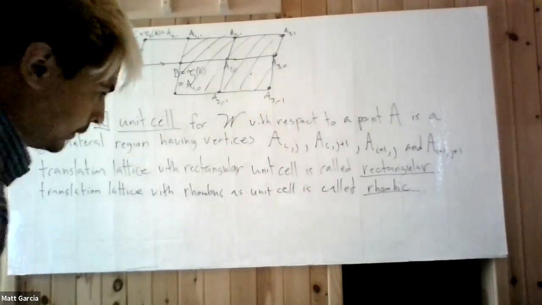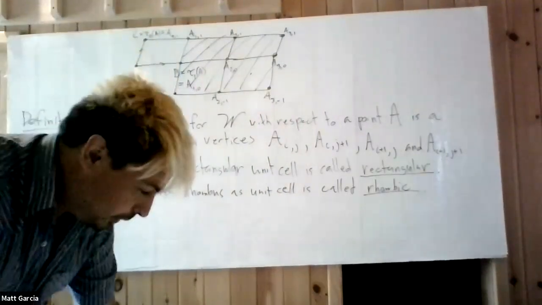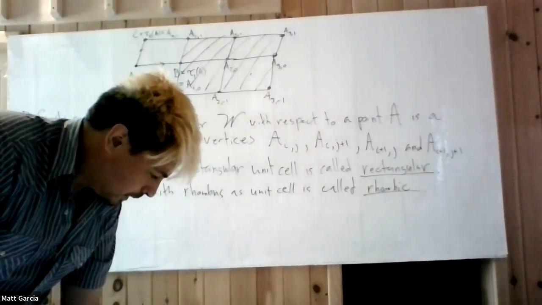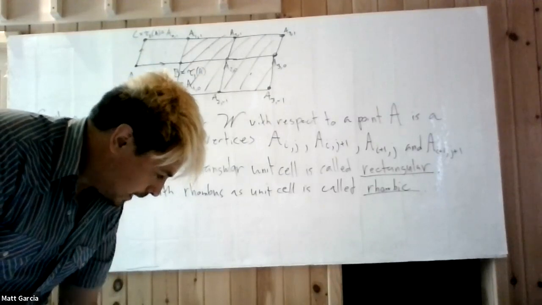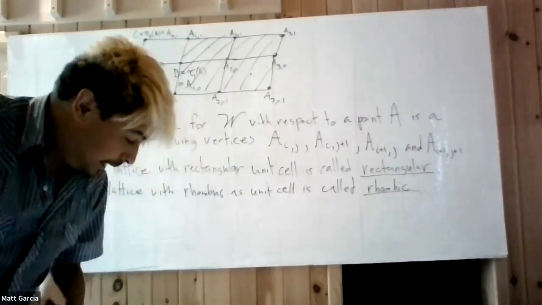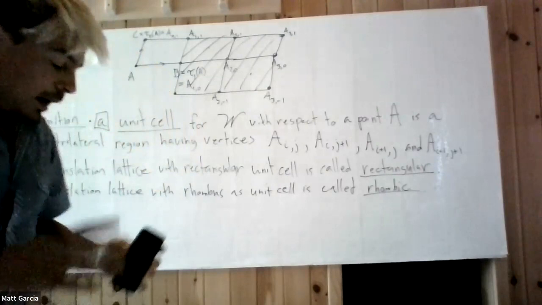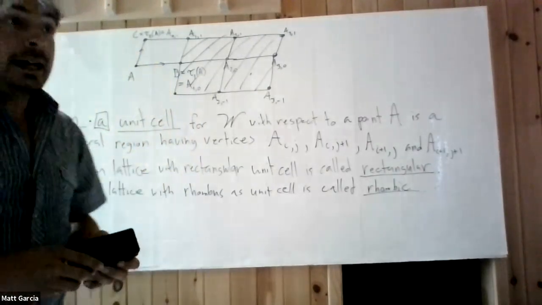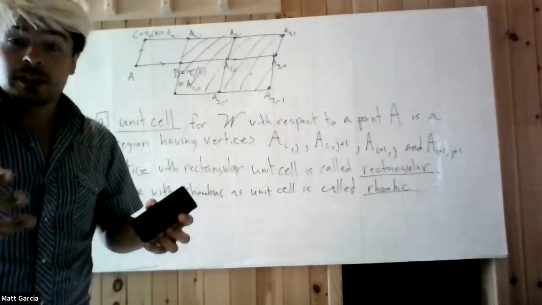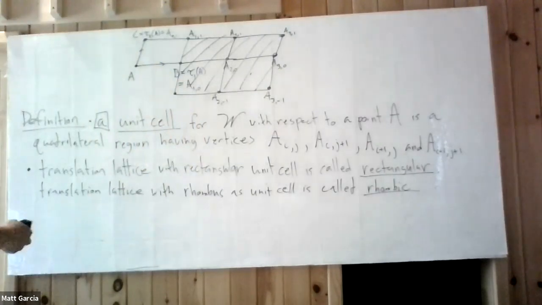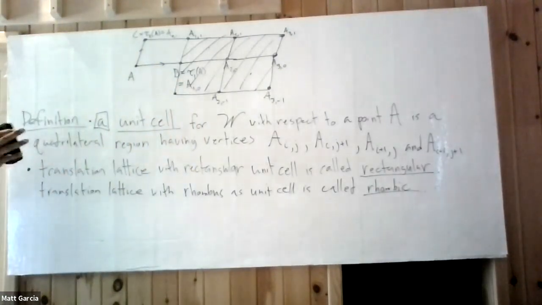I just want to go through a couple of results about the odd isometries that W can contain. If W is a wallpaper group, what can we say about the odd isometries?